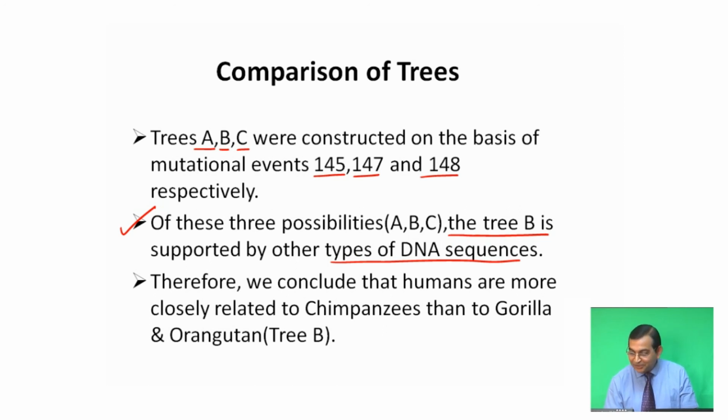So, of these three trees, we can conclude that humans are more closely related to chimpanzees than to gorilla and orangutan. That is, tree B is the acceptable phylogenetic tree.